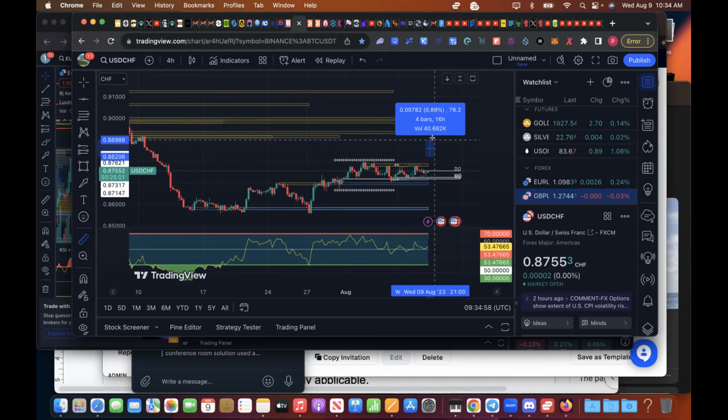So that's still about 7 something pips. So if you do not have so much energy, you can wait to buy.